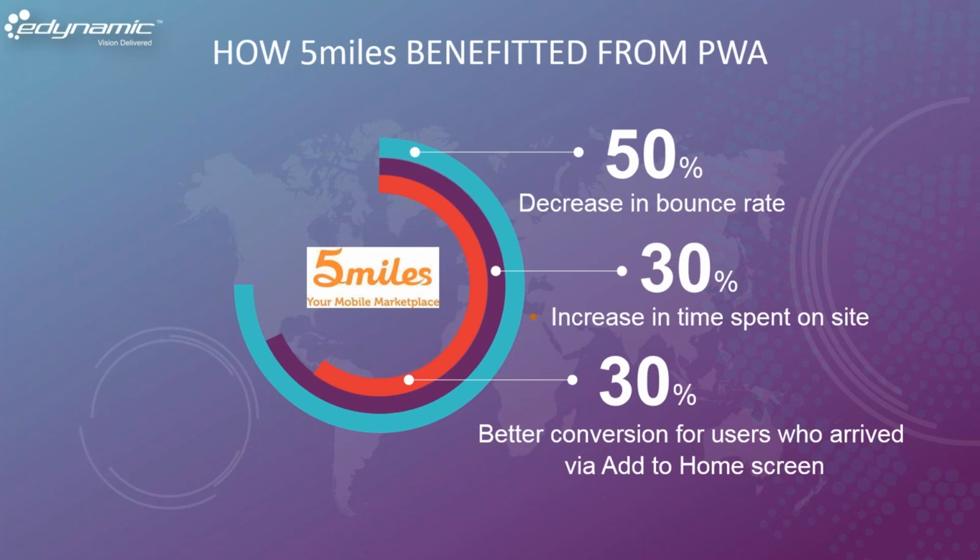Now, the last case study, which is 5 Miles. They got a 50% decrease in bounce rate when they introduced PWAs. They got a 30% increase in time spent on the website, and 30% better conversion for users who arrived via add to home screen. Add to home screen again is a very crucial feature. 5 Miles is definitely a very good marketplace, but otherwise you need to remember the number.